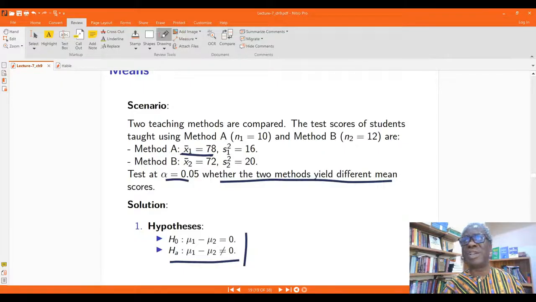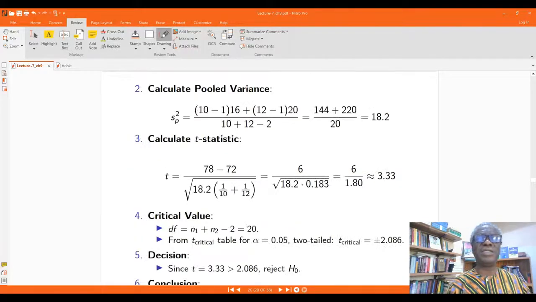It's not even saying whether method A is better or B is better. It's simply saying they are not the same. So this is the hypothesis. And you remember you have chosen your level of significance to be 0.05.